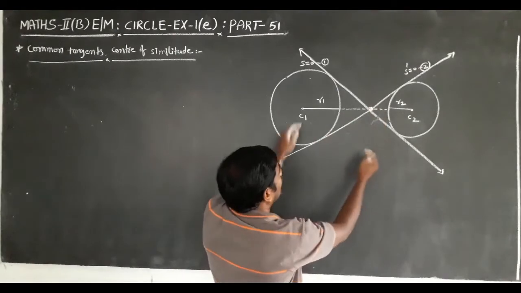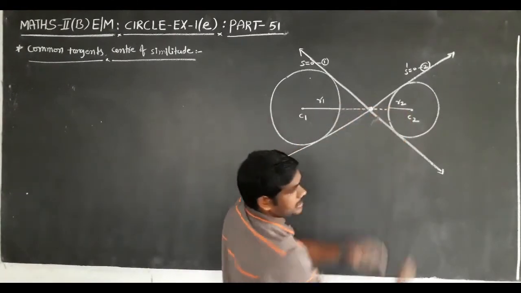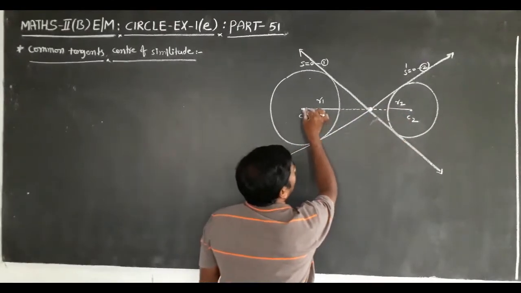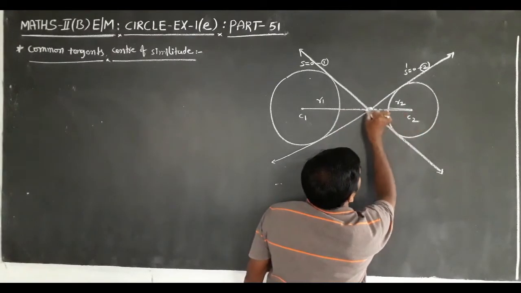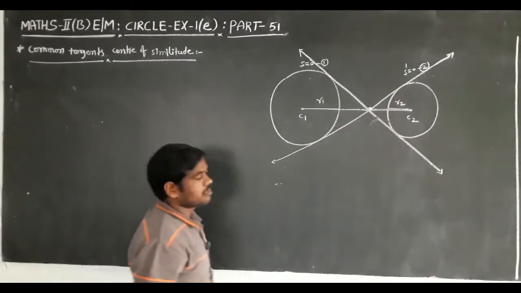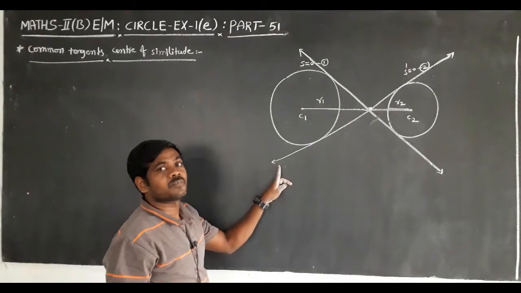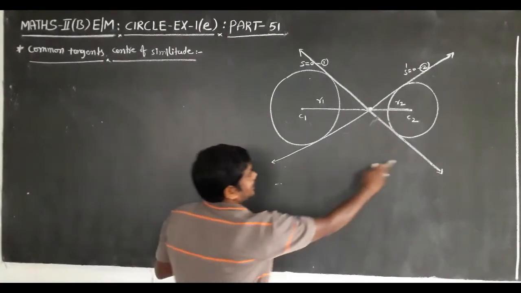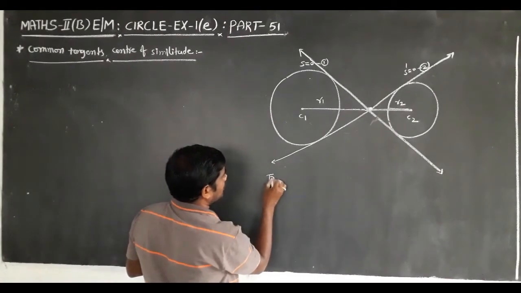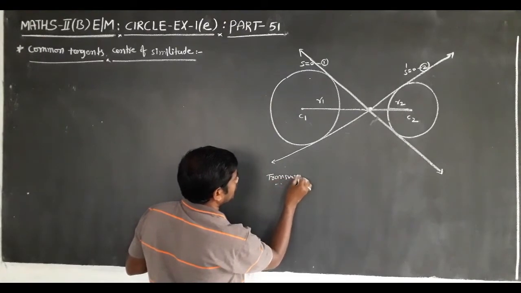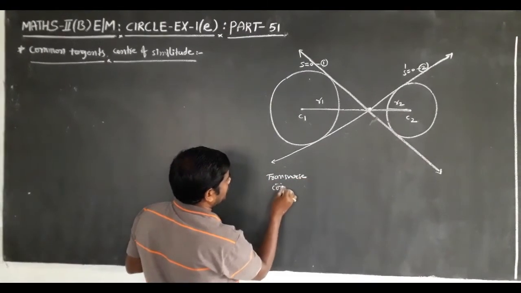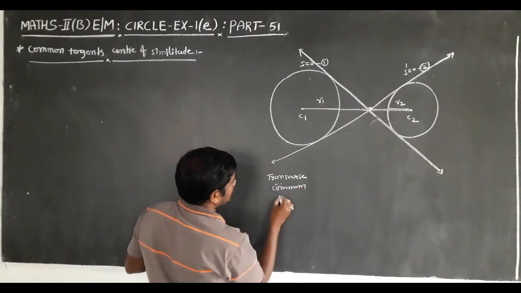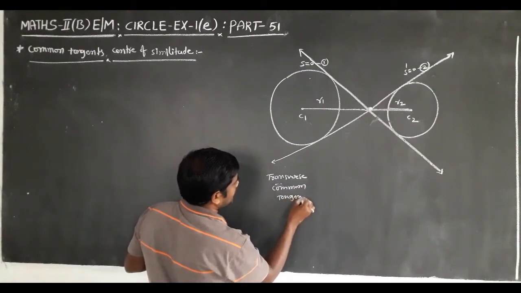A pair of common tangents that intersect the line segment C1C2 is called the transverse common tangents.